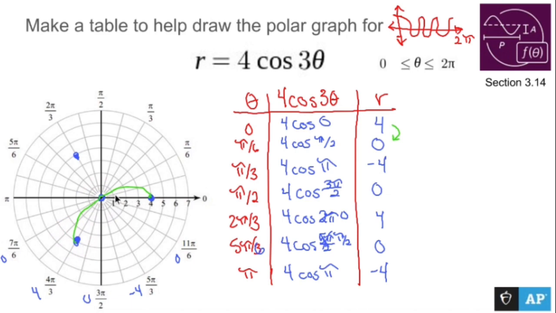As I'm moving towards pi over 2, I'm heading to 0. As I'm moving towards 2 pi over 3, I'm heading to 4. As I move towards 5 pi over 6, I'm heading to 0. And as I move towards regular pi, I head to -4.